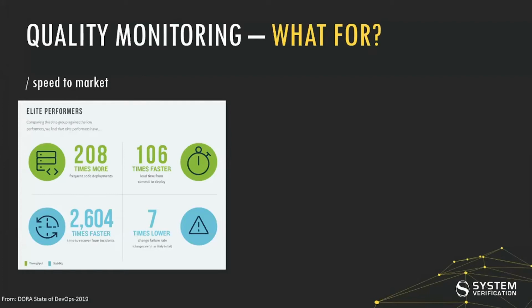And it's not just about getting speed to market for quality monitoring, it's also stability, code deployments, teamwork. There are a lot of different aspects you have to think of. And it cannot be that elite performers deploy code 208 times faster or have commits which are 106 times faster than low performers who just joined.